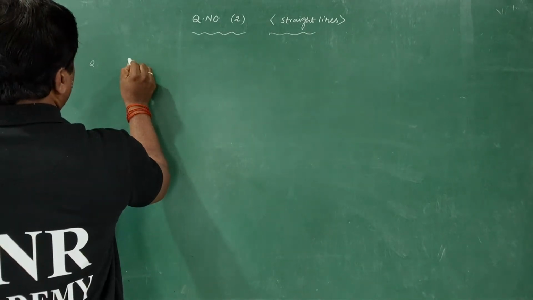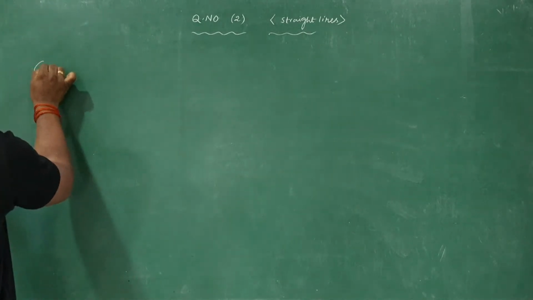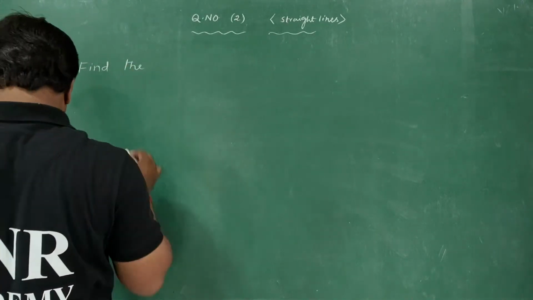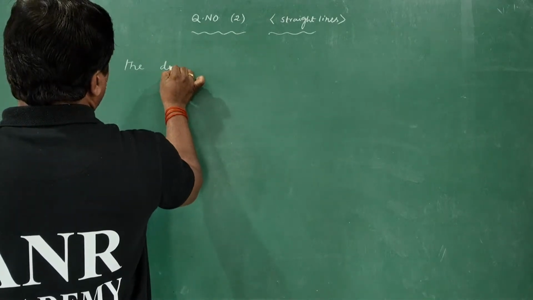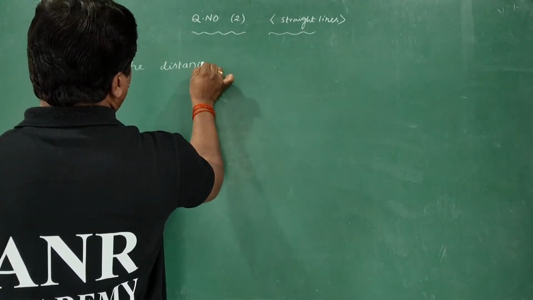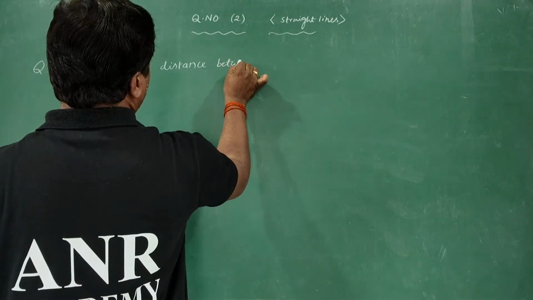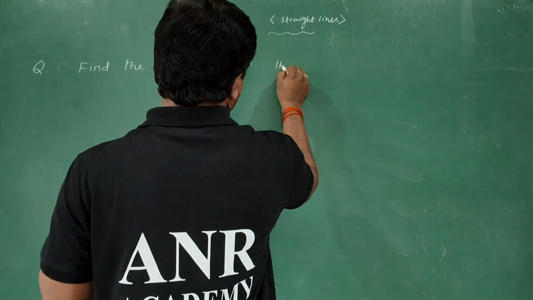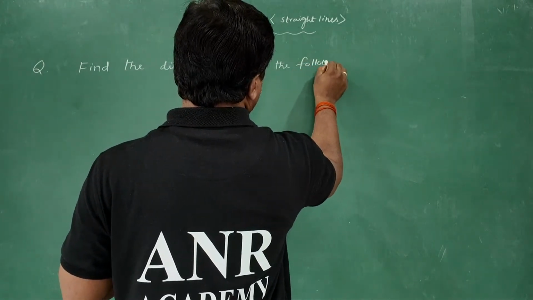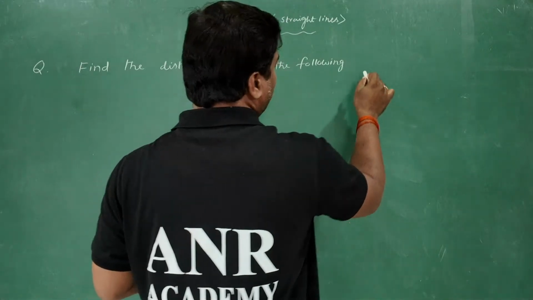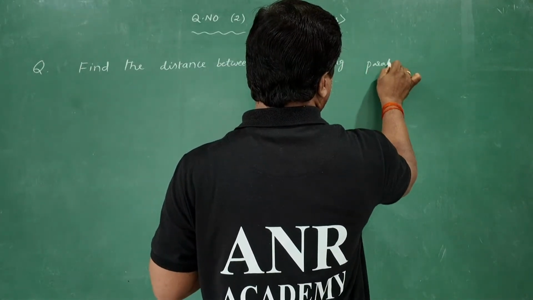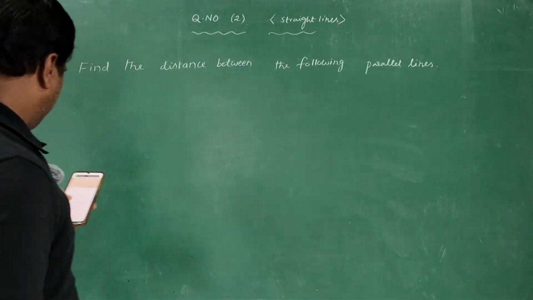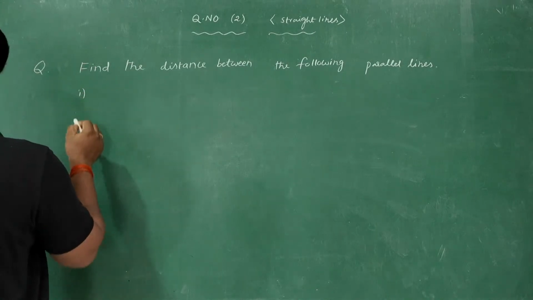The question is, find the distance between the following parallel lines, and in which 2 questions are there.